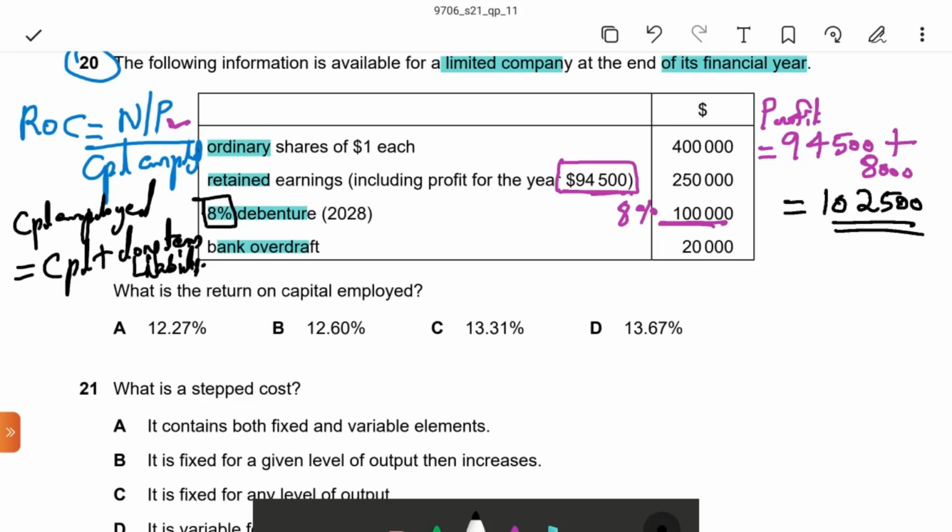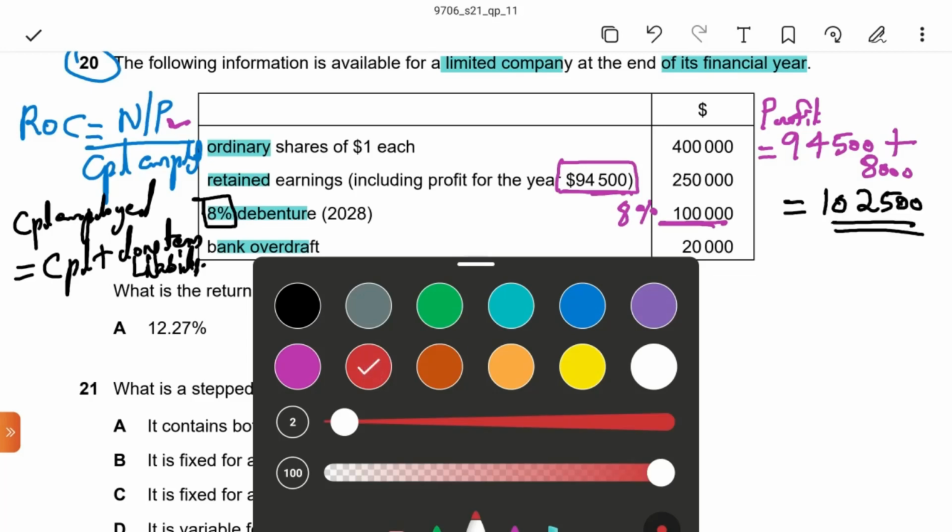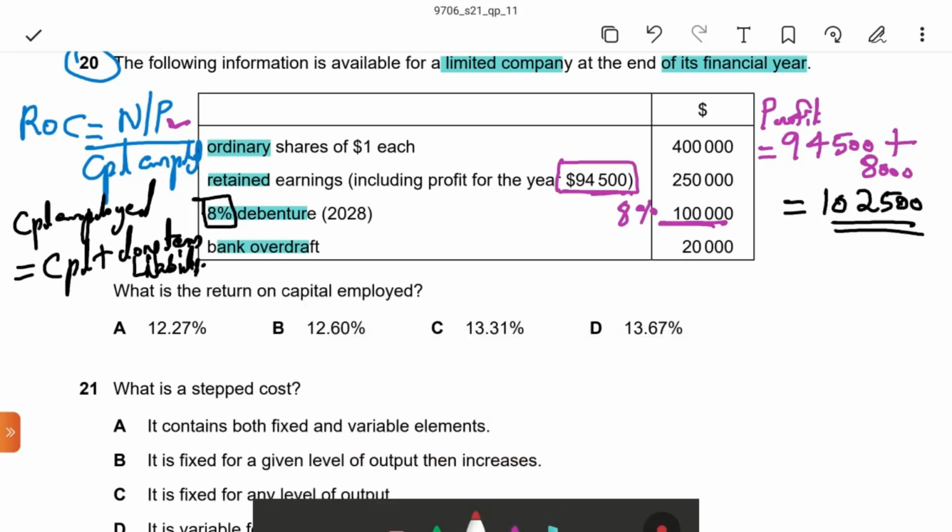Then our capital. Company capital means the capital fund. The capital fund is ordinary share plus retained earnings, plus long term liability. So 400,000 plus 250,000 plus 100,000. Our capital employed is equal to 750,000.